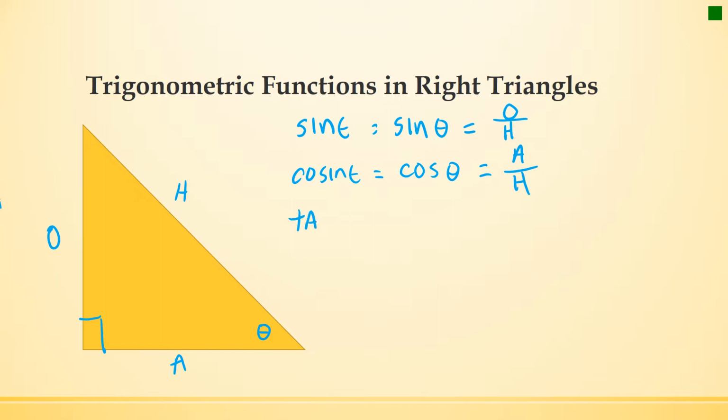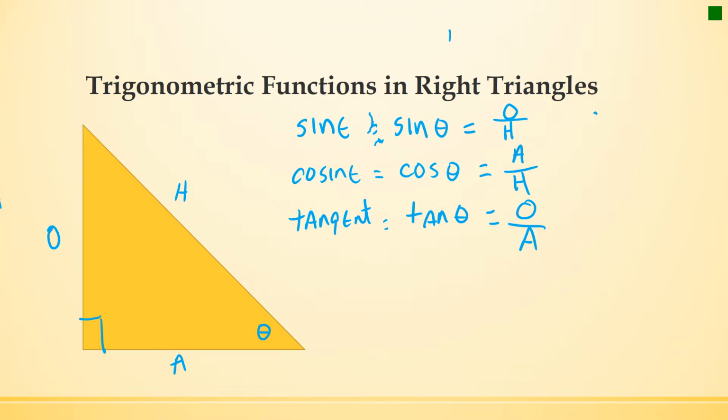And the tangent of theta is equal to the opposite side over the adjacent. Now this gives us 3 acronyms that we call SOHCAHTOA.